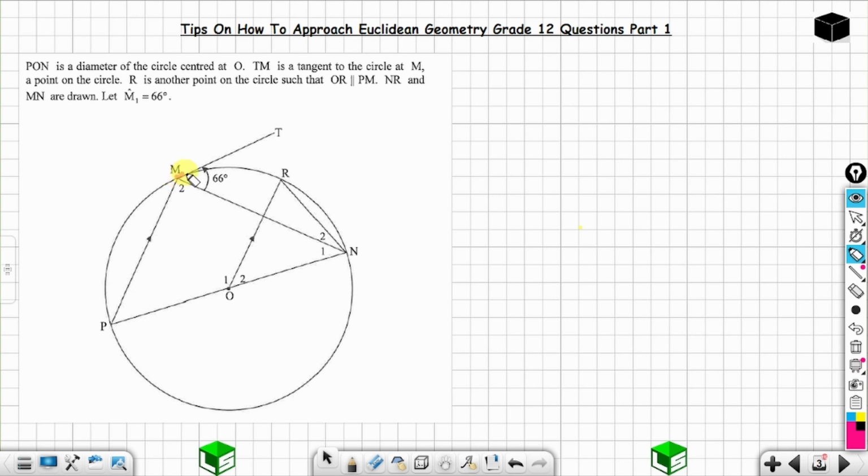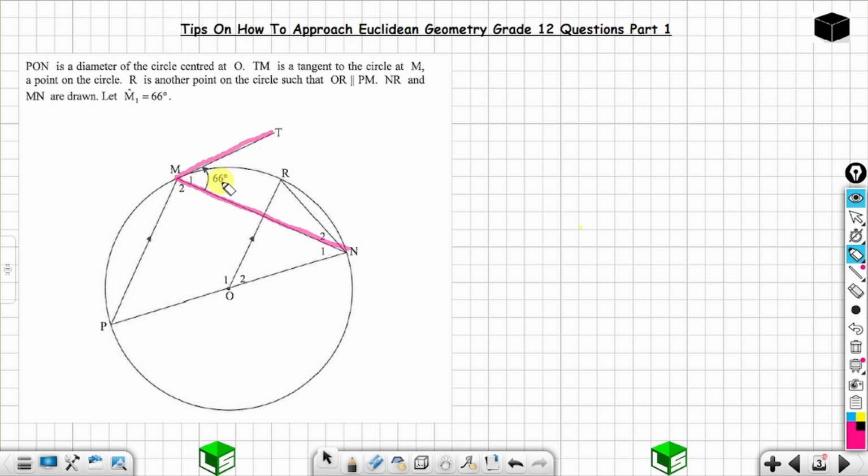So this is a tangent TM, and you can see between this tangent and this chord, chord MN, I hope you can see that, there is an angle between the tangent and the chord, which is equal to 66 degrees. So you can find another angle which is equal to 66 degrees.